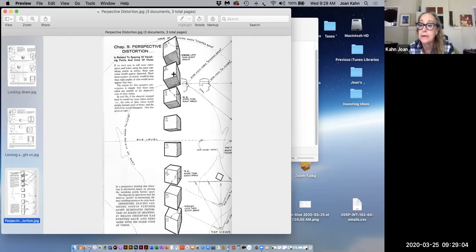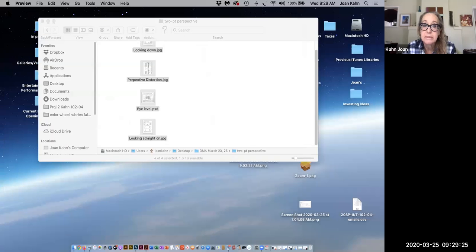What if it was lower in your picture? Any questions about that? Okay, you can go and review this in the files that I put on Canvas. Great.